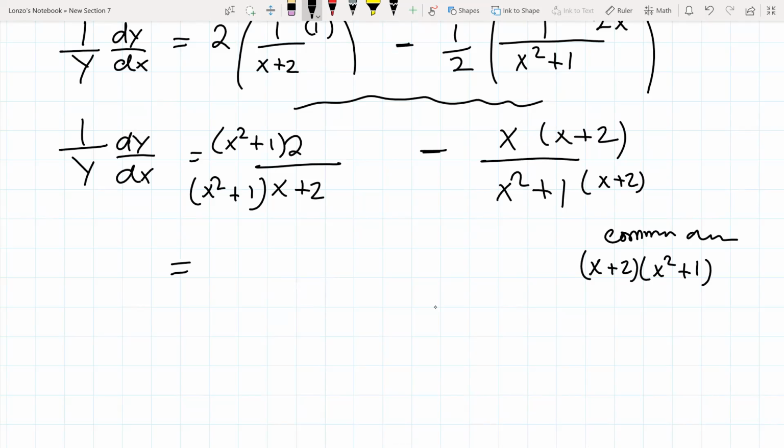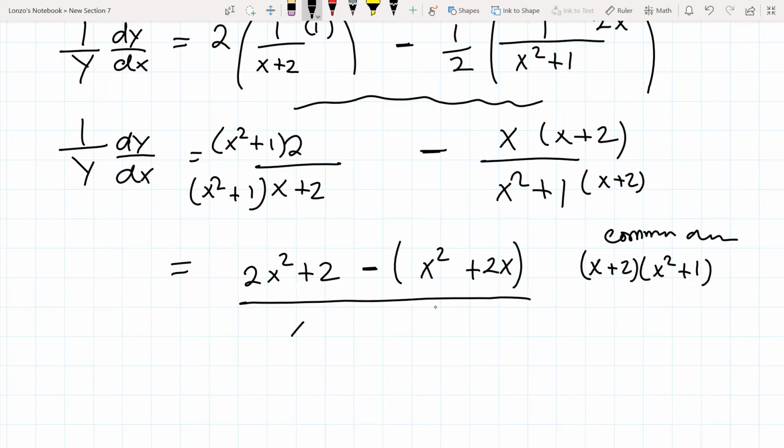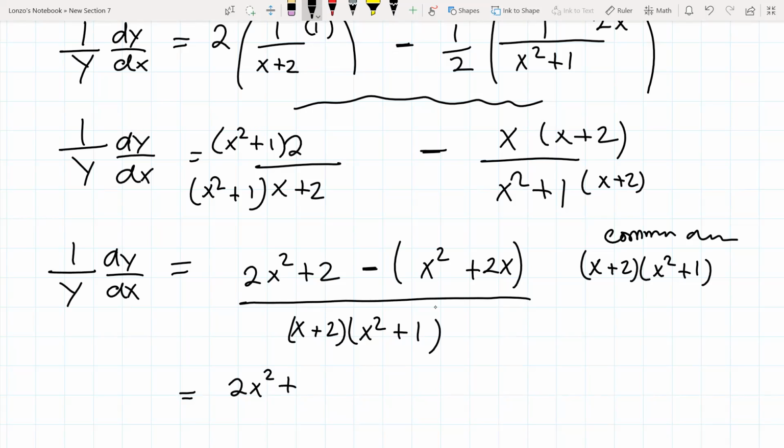Okay, and then you clean this up. This is going to be 2x squared plus 2 minus x squared plus 2x, over the common denominator, which is x plus 2 times x squared plus 1. Distributing this out, this is negative x squared minus 2x.